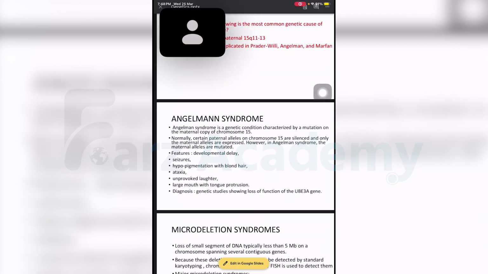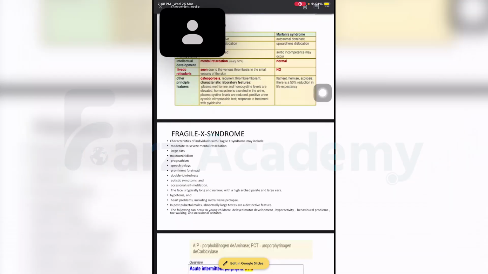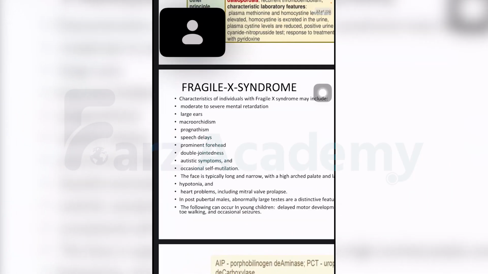Apart from that, I also told you that the clinical STEM question can come instead of a direct one-liner for fragile X. They may give you some characteristics that a child is coming to you with, so and so features. What do you think about the inheritance of this condition? Or maybe which phenomenon is expected in this condition. So you have to first figure out that they're talking about fragile X, which is a trinucleotide repeat disorder, and that is why they're asking you about anticipation.